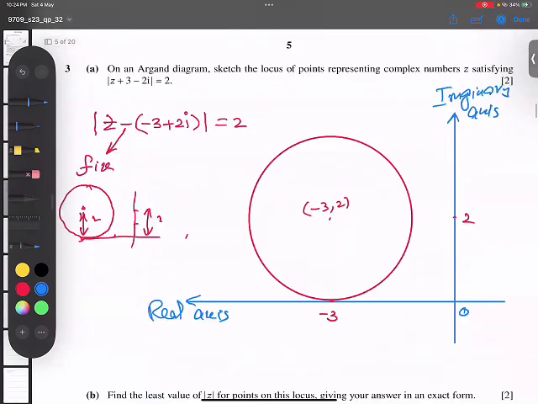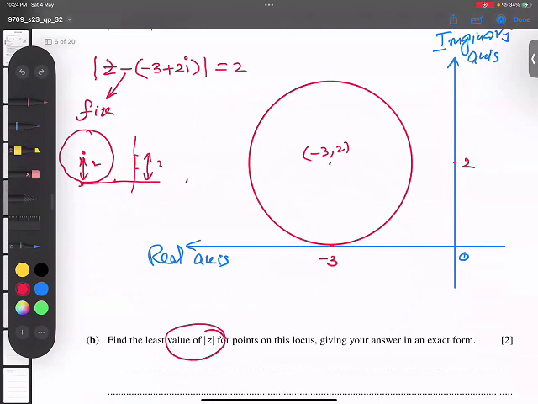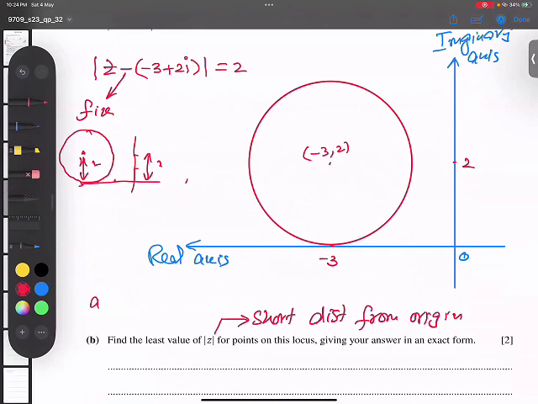He said find the least modulus. What is the definition of modulus, student? The modulus definition is the shortest distance from the origin. And what is the argument definition? The argument of z is the shortest angle with the positive x-axis.